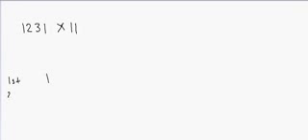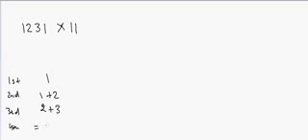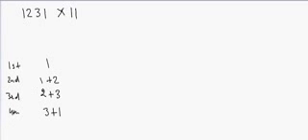If I have 1, 2, 3, 1, I have to multiply by 11, so the first digit will be equal to 1, second will be equal to 1 plus 2, third will be equal to 2 plus 3, and fourth will be equal to 3 plus 1, and then we are left with the fifth, which is equal to 1.